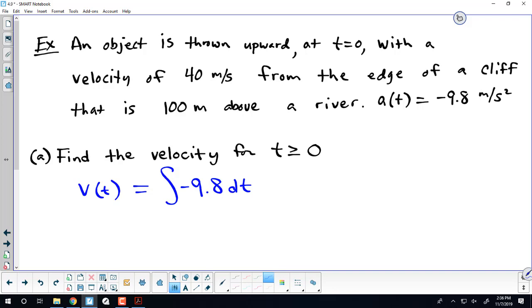What's the antiderivative of negative 9.8 with respect to t? Negative 9.8 t plus c.